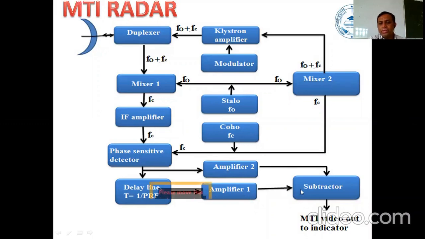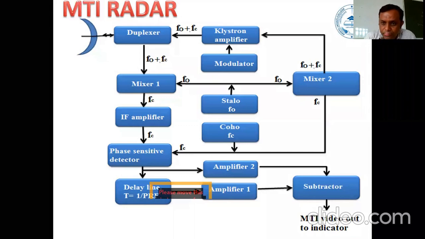So these two signals are subtracted. If there is any difference between these two, the subtractor will give you one value. The value we get here is given to an indicator. The indicator is a display device which will display only a number.